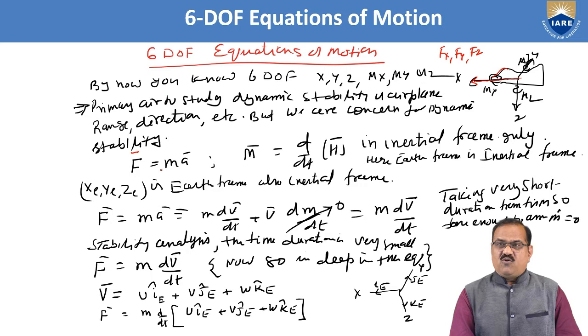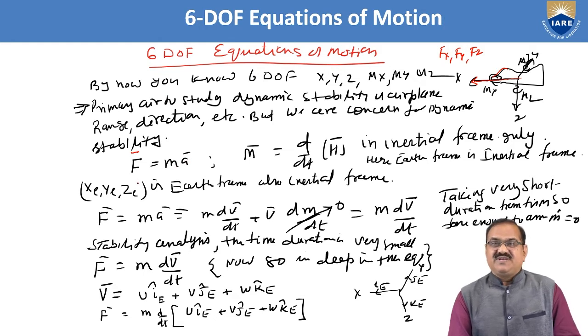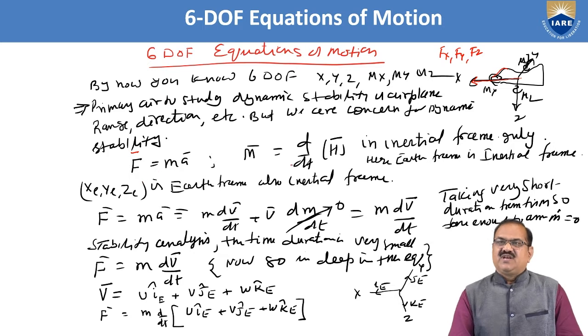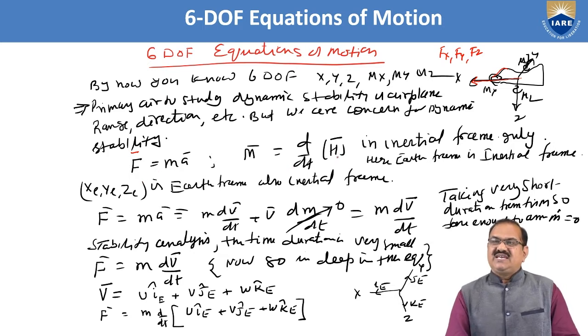So force is equal to m a. If you apply a force on a mass m, acceleration will be generated. Or if you apply acceleration on a mass, a force will be generated. So vice versa.